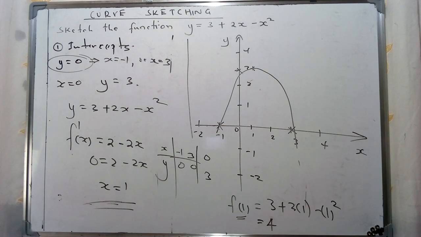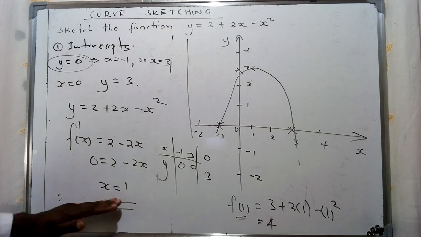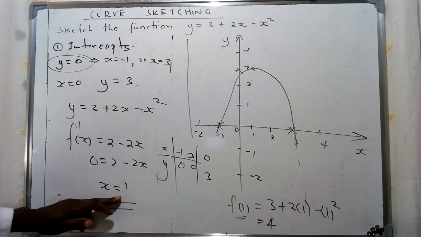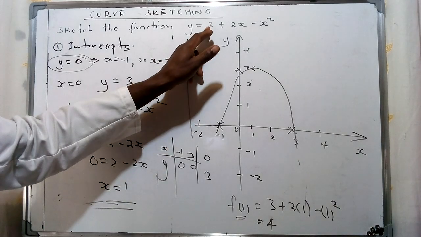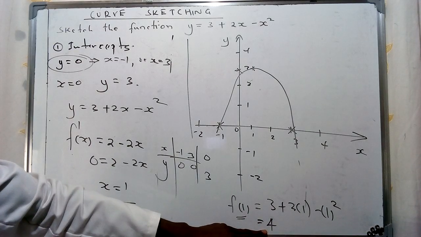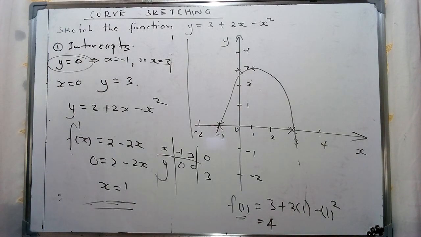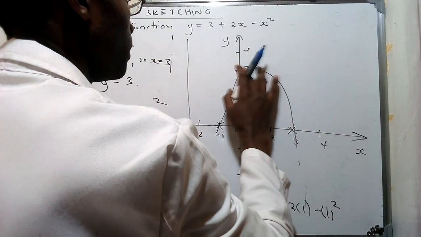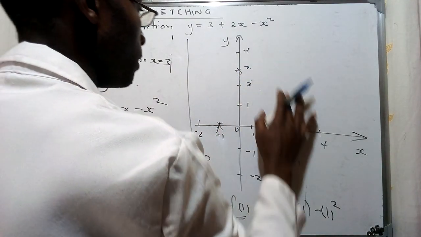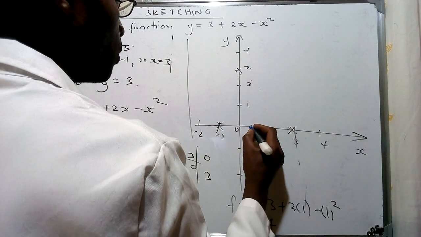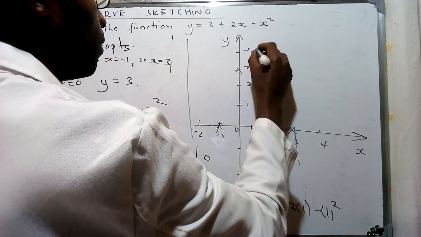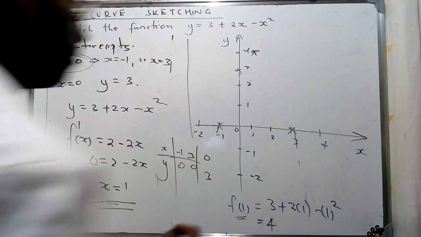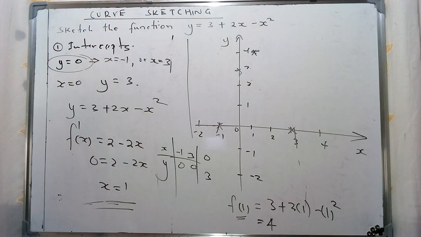So in order to find the stationary point, this was the procedure for obtaining the value of the function at that point. Whenever the value of x is equivalent to 1, the function assumes a value of 4, and this is what our stationary point is.